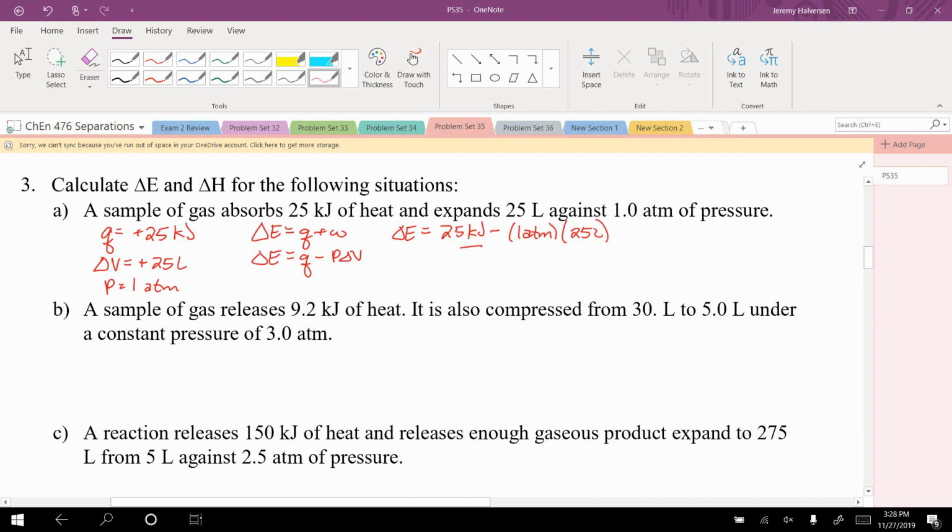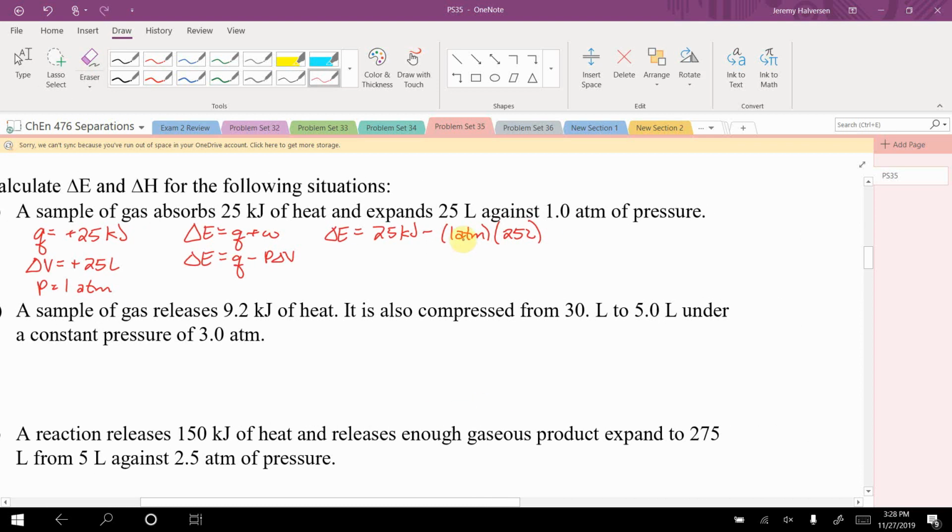We've got kilojoules and we're subtracting liters times atmospheres. If you're trying to do addition or subtraction, your units need to be exactly the same. So what I'm going to do is convert this liter atmospheres into joules and then into kilojoules. Okay, so what does that look like?